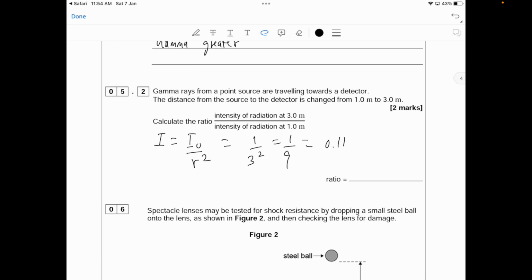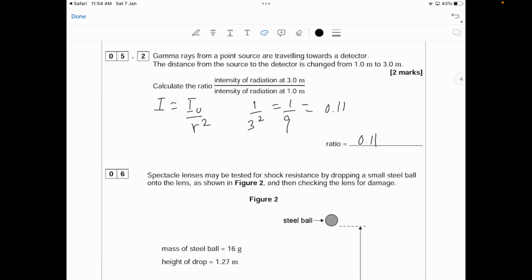That's going to be your ratio. In this case, you calculate the ratio of the intensity of radiation at 3.0 to the intensity of radiation at 1.0. This is the ratio format for about 2 marks. You can leave it as a decimal as well. It doesn't matter. As long as you leave it as a fraction or decimal, it should be alright.